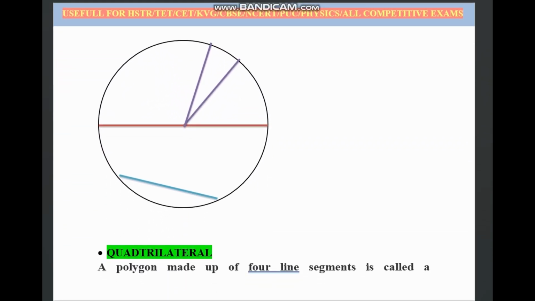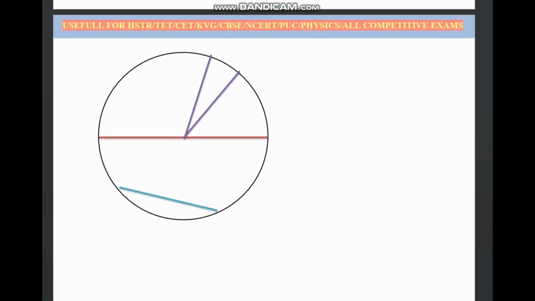In this, we have to denote all the parts of the circle. See here, this is the center of the circle, O. OP is a radius of the circle.